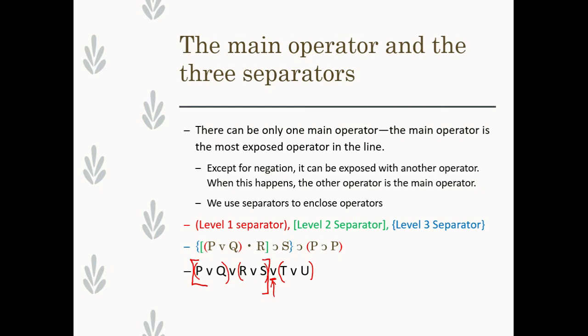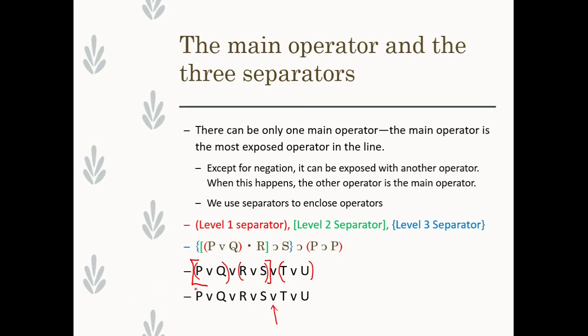Again, to be sure we're on the same page, these don't have to be done this way. The order will be determined by the sentences. So I have the exact same set of letters and operators written below: P wedge Q wedge R wedge S wedge T wedge U. Here we're going to make the same main operator, the wedge that is the fourth one in.